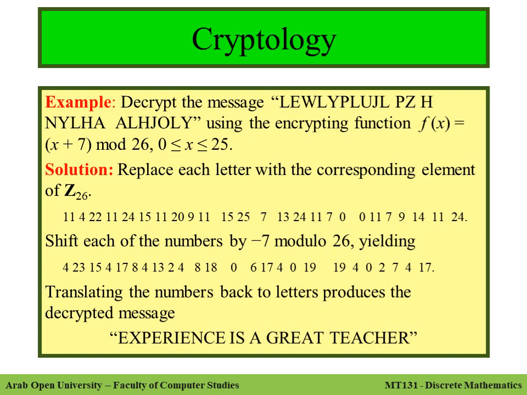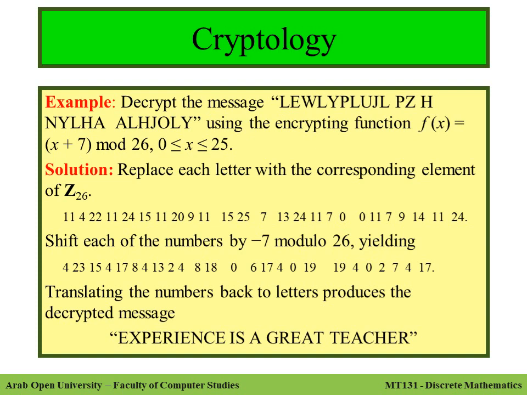Here is the statement that consists of 3 words we want to decrypt, knowing that we used the function f of x, which is x plus 7, to encrypt the original message. The encrypted message we obtained is given to us in the problem.